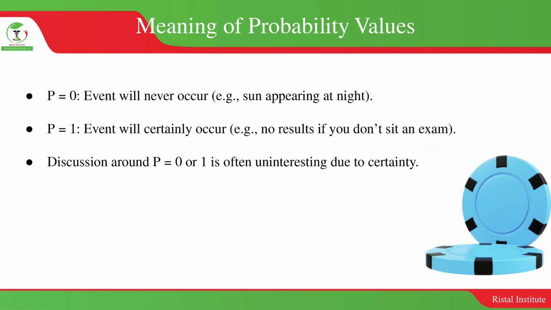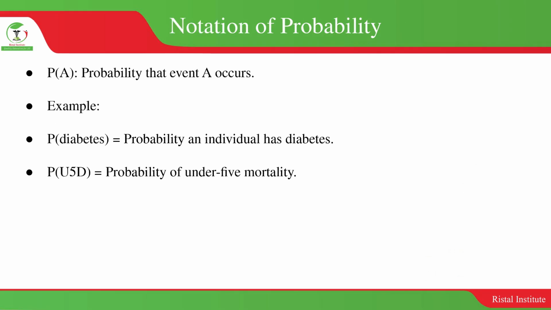Now the notation P, with something in parentheses after it, such as the probability of A. P is used to represent the probability of A happening.